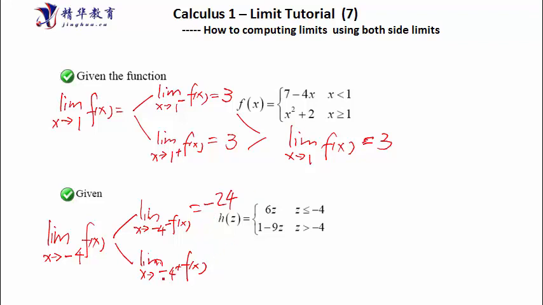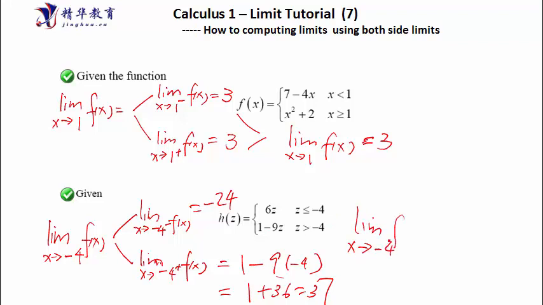Negative 4 positive, which is bigger than negative 4, so z goes to here: 1 plus 1 minus 9 times negative 4, which is equal to plus 36, so 37. Obviously, these two are not the same. So the limit of x approaching negative 4 does not exist.